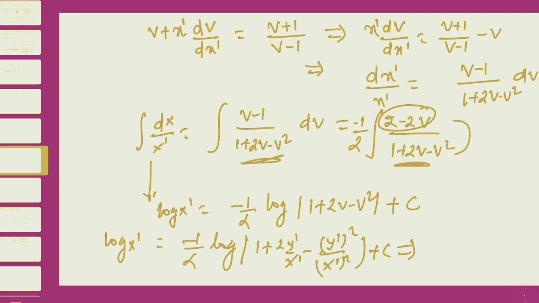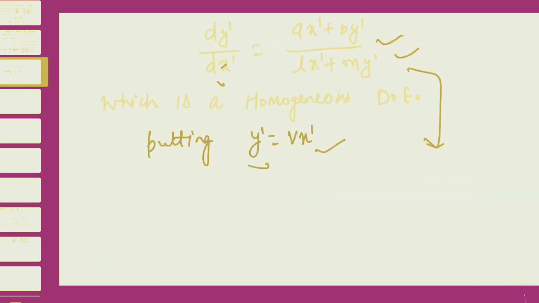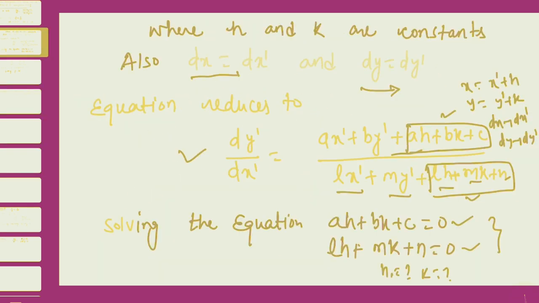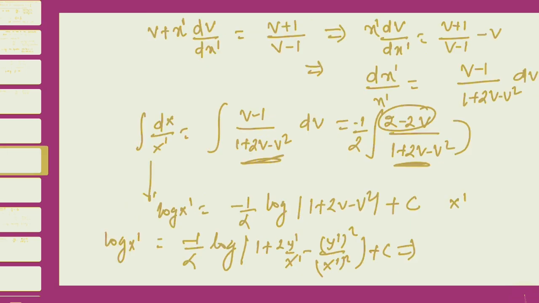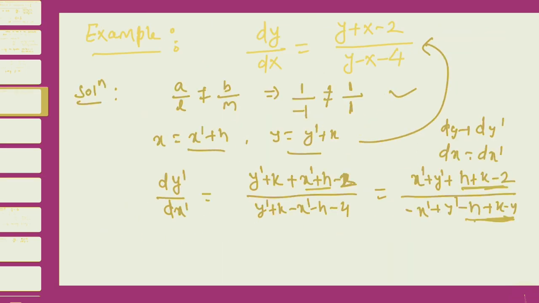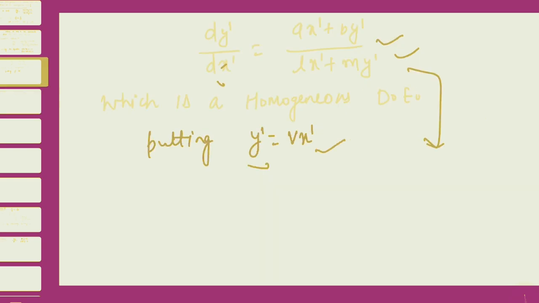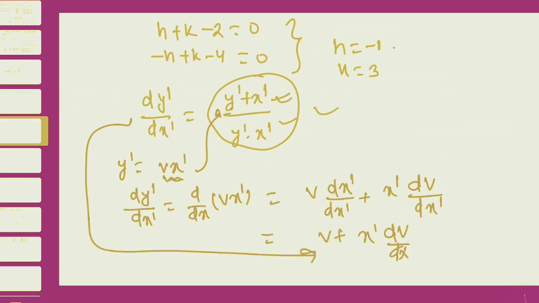The value of x' is x - h and y' = y - k, and we also know the values of h and k. So here the values of h and k are -1 and 3.